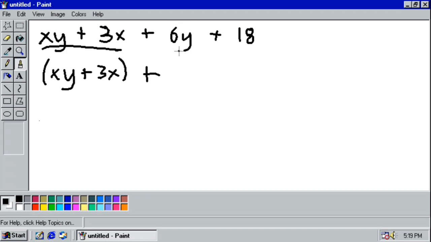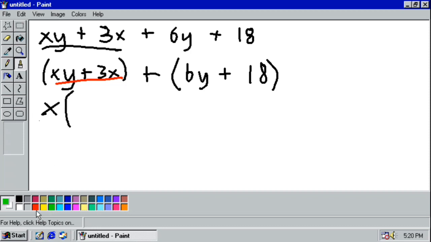And the next, you're going to put the last two terms into parentheses. Now, you need to find the common factor of these terms. Our common factor here is x. So, we're going to write x.